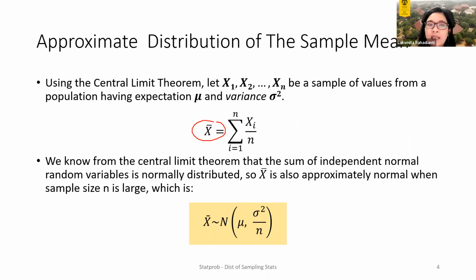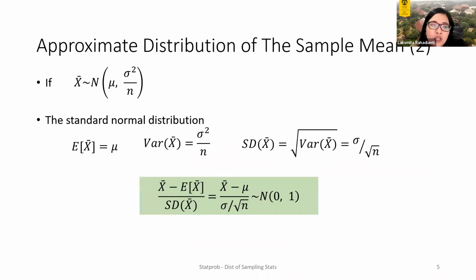So there are two things I can conclude from the sample about the population: the sum and the average of the samplings. And if I change it into a standard normal random variable, I can then compute it as follows.